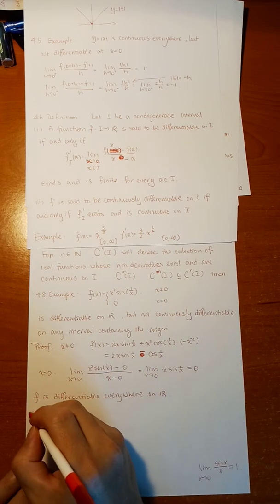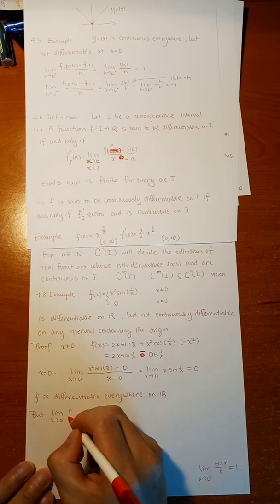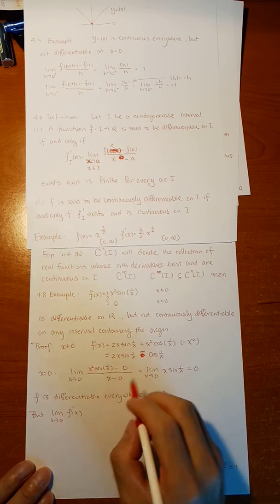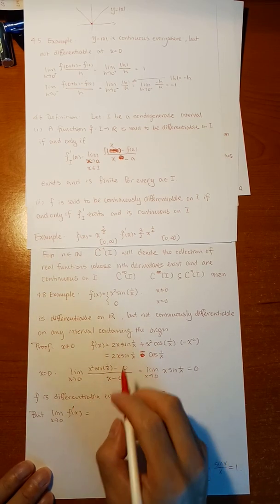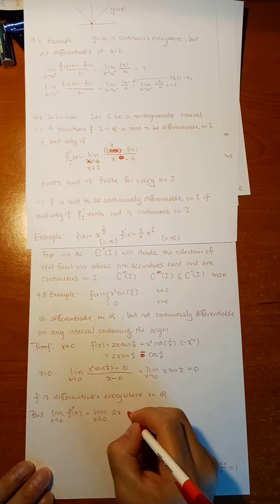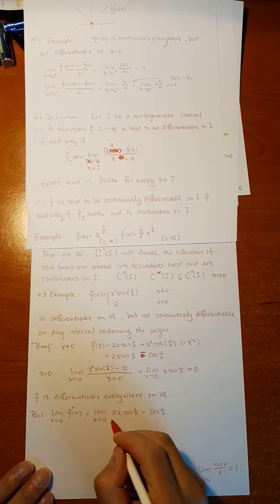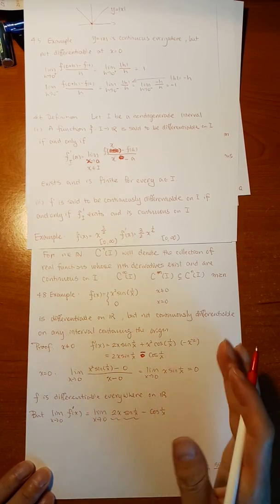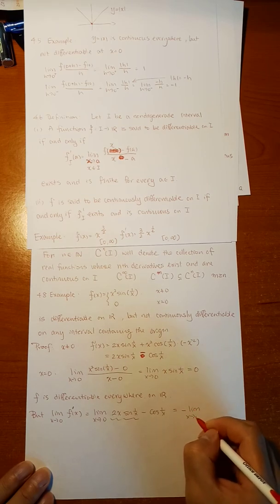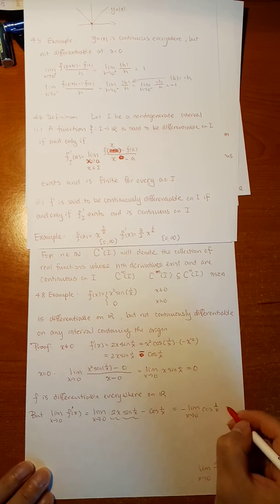But the limit of f prime of x: you see, 2x sine 1 over x and minus cosine 1 over x. The first part has limit 0. That's fine. Cosine 1 over x does not exist.